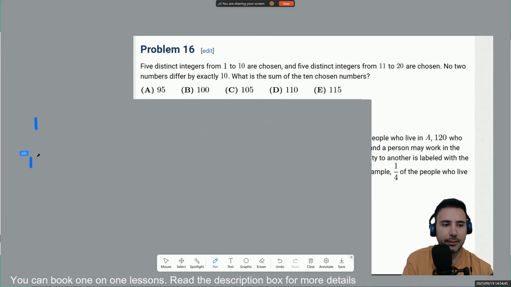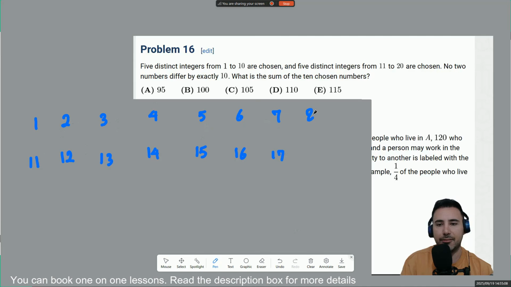That's 11, isn't it? From 2, it's going to be 12. So 3 and 13 have a difference of 10. 4 and 14 have a difference of 10. 5 and 15, 6 and 16, 7 and 17, and finally 8 and 18, 9 and 19, and finally 10 and 20. Okay, so these are the numbers.